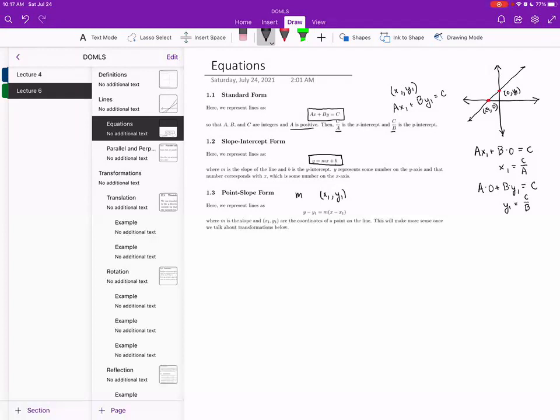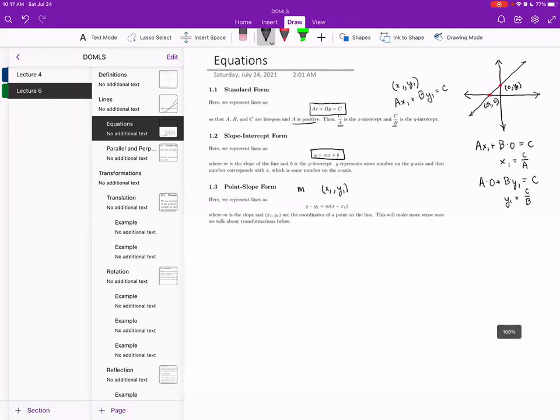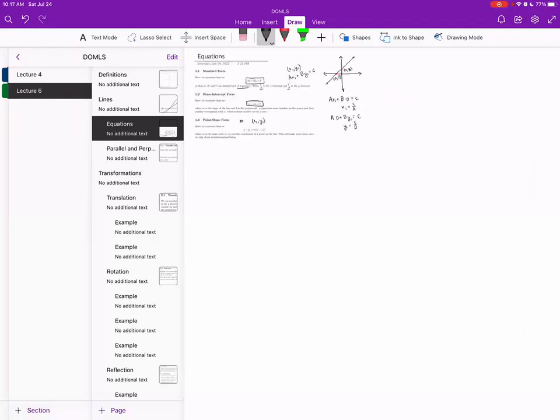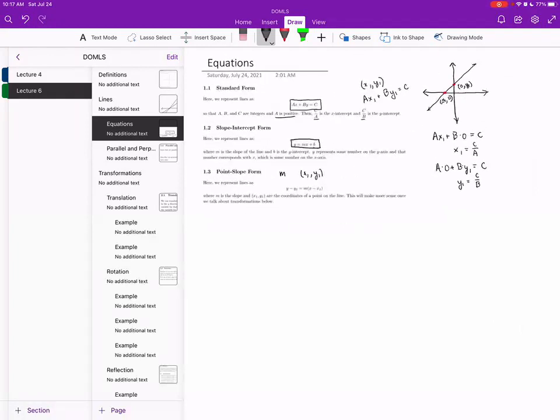And that is y minus y1 is equal to m times x minus x1. And you might see that this is essentially the same thing that we wrote for slope: m is equal to y minus y1 over x minus x1.